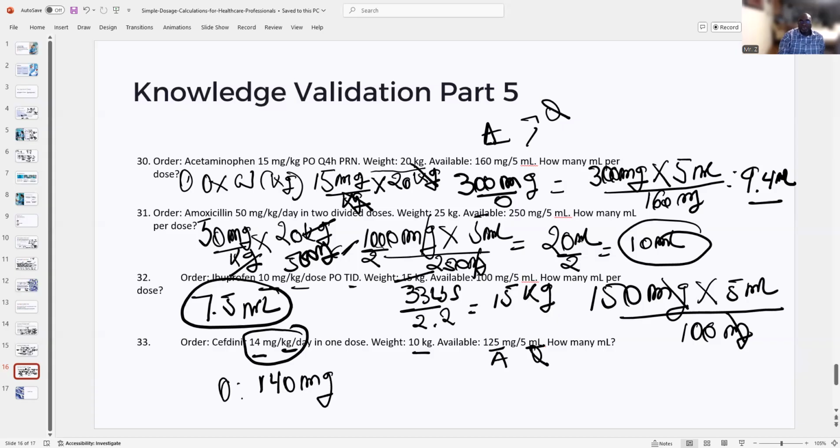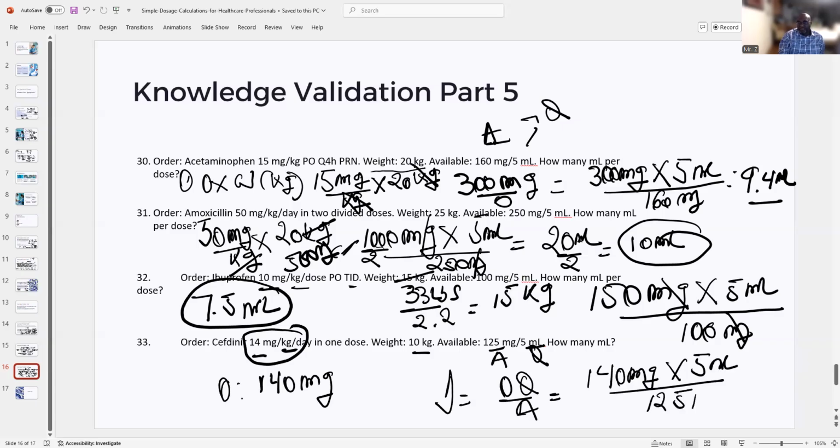All right, so your dosage, order times quantity divided by available: your order 140 multiplied by quantity, which is 5 mL, divided by 125 milligram.